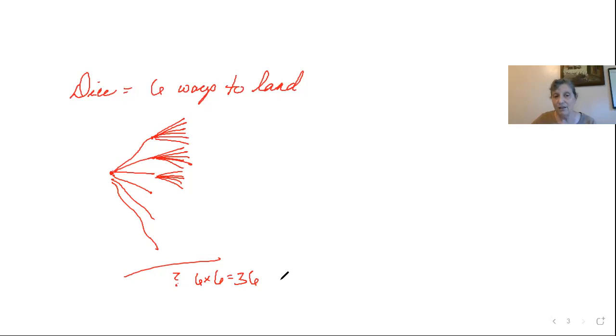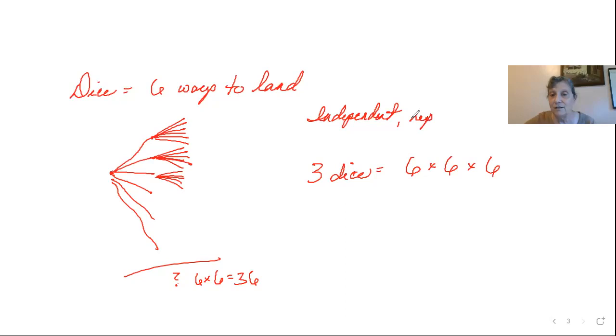If we roll 3 dice, we're going to have 6 ways for the first one to land, 6 ways for the second one to land, and 6 ways for the third one to land. Remember that these are independent. One has no effect on how the next one is going to land, and repetition is okay.